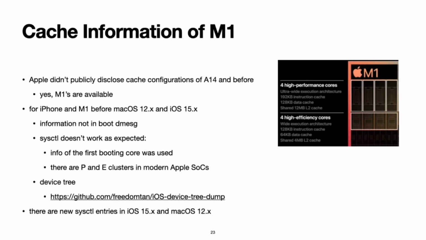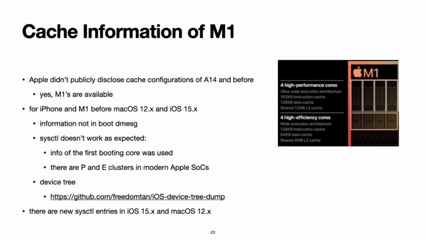Yes, Apple did reveal M1's configurations in its November 2021 event, but from the software side, for iPhone and M1 before macOS 12 and iOS 15, there is no such information we can retrieve from either macOS or iOS.